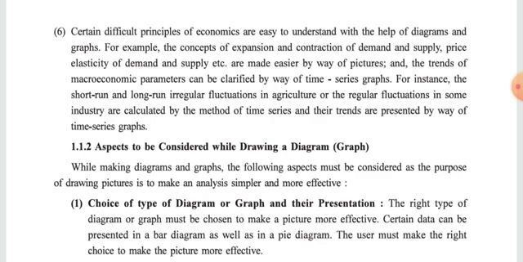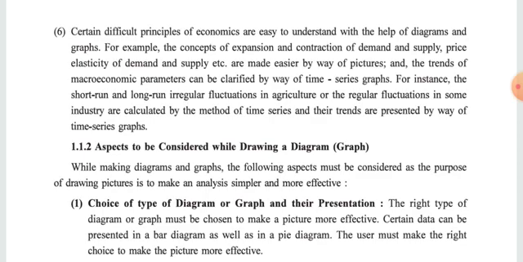For instance, the short run and long run irregular fluctuation in agriculture, because as we all know our agriculture is totally dependent on monsoon and rainfall, so there will be irregular changes, that is, production or rainfall is higher in some years while in some years it is very less.